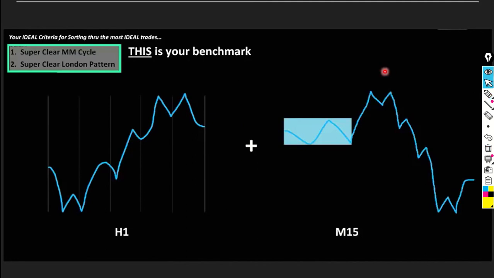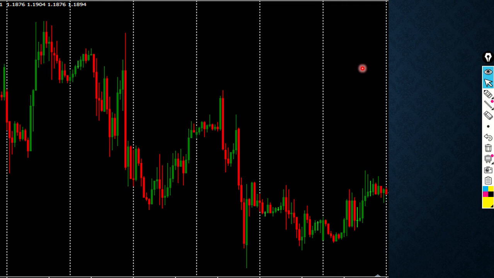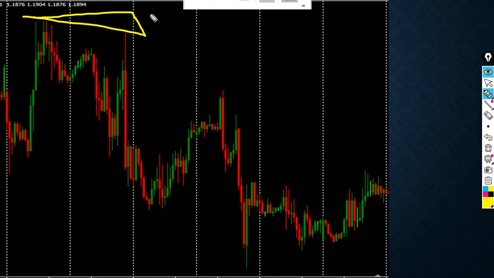So let's look at a live chart and see the other trade that I took on GBP/USD. As you can see, we have a peak. This is a peak. From this peak, I'm expecting 3 days of drop: 1, 2, 3 days of drop.